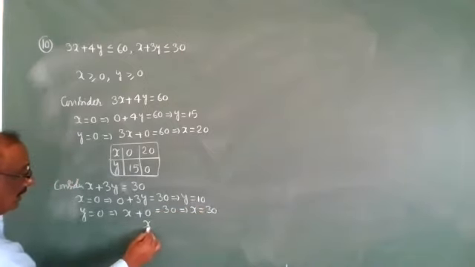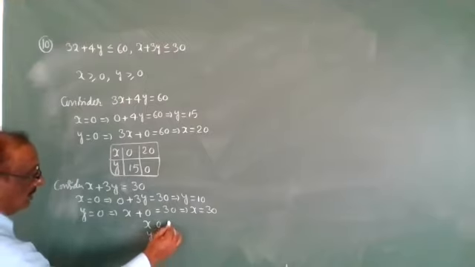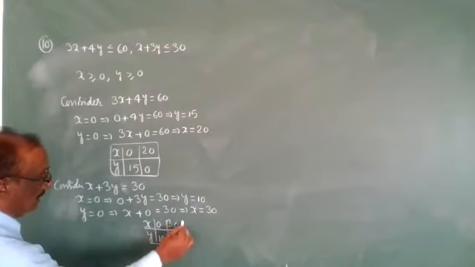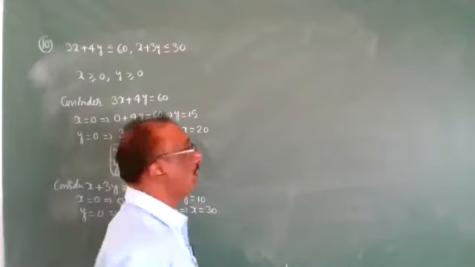Table: x is 0, y is 10; y is 0, x is 30. Write on the tables. Okay, now clear?